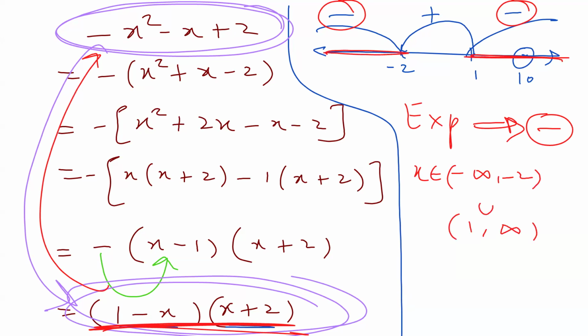Here and here. Did you understand? This time we are not checking for greater than 0, greater than or equal to, less than 0, or less than or equal to. These things are not there.